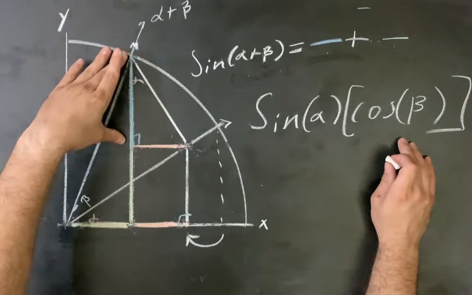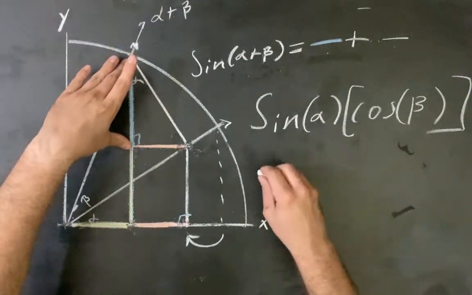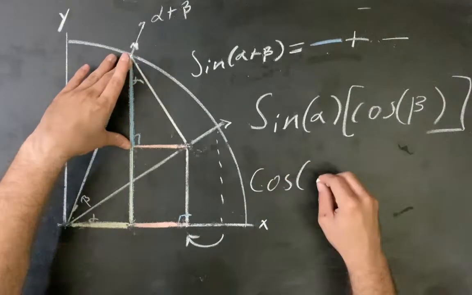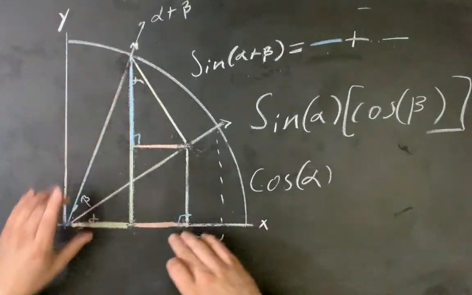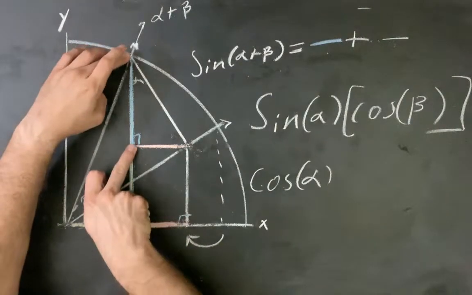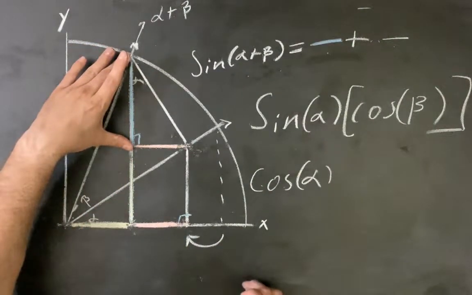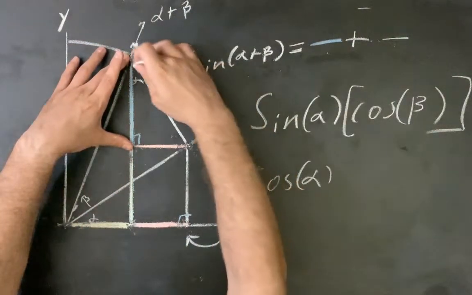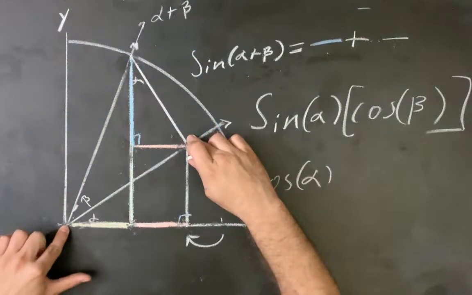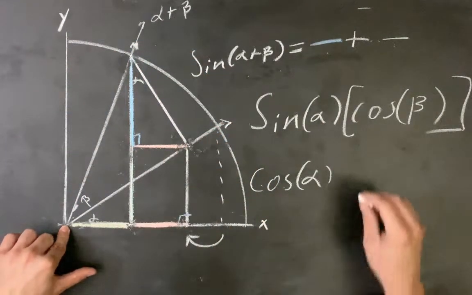which now that we see that the cosine of alpha here, instead of cosine alpha here, we're going to look at the cosine of alpha here, is scaled by the sine of beta.